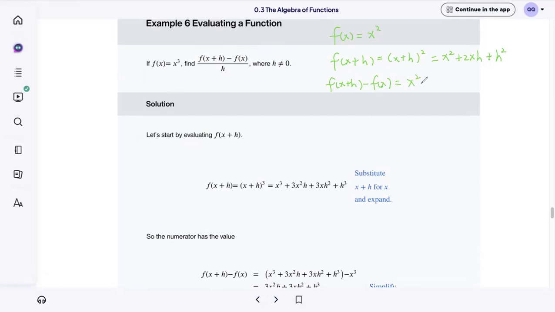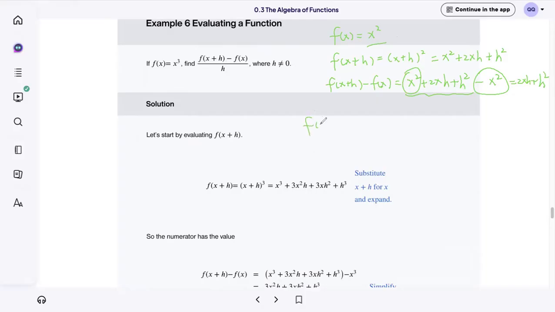That's x squared plus 2xh plus h squared, that's f of x plus h, minus f of x, well, f of x is x squared. Then we see these two terms cancel each other. So I'm left with 2xh plus h squared.